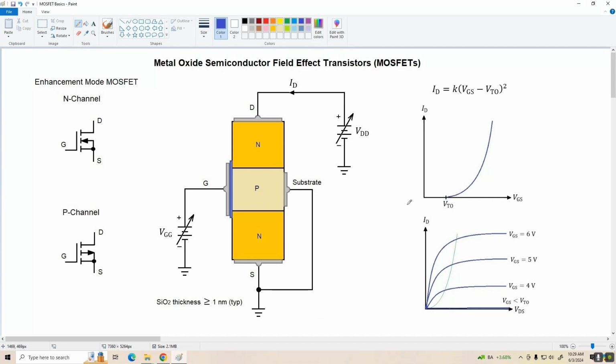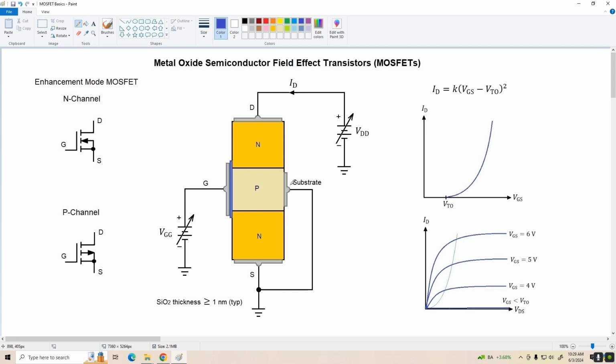Before we move on, I want to mention this substrate terminal here. This connection is required in order to get the P region at a voltage relative to the gate. In other words, it allows us to actually establish a potential difference that's meaningful between the gate and this P region.